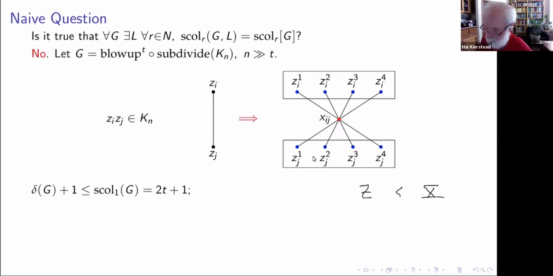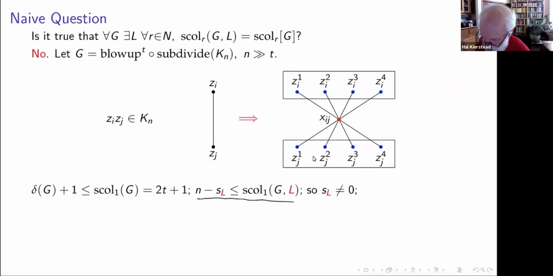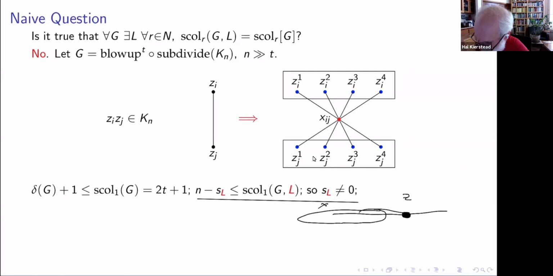When you do that, these have degree bounded by that, and these guys form an independent set at the beginning. Let me just point out that it's a bad idea from the point of view of the one coloring number to have a z vertex that has lots of x vertices before, that has lots of its neighborhood before.